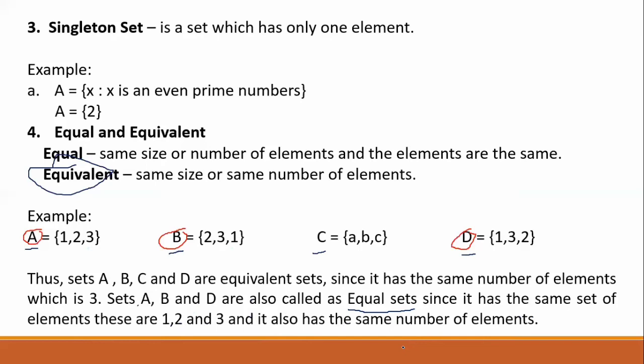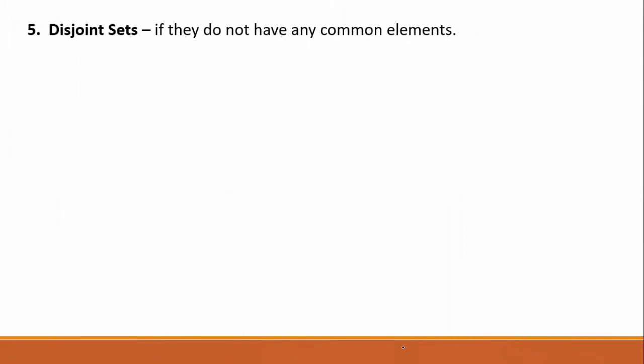Okay, good. And we are down to the last classification: disjoint sets. When we say disjoint sets, they do not have any common elements, right? No common element. Try to observe letter A. A is equal to the set containing -4, -3, -2, -1, and B is equal to the set containing 3, 4, and 5.